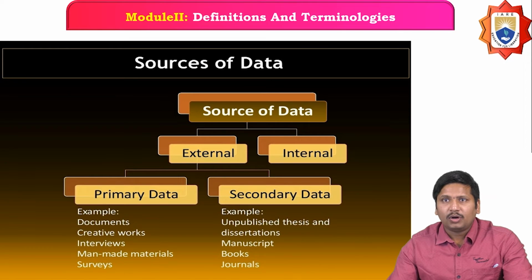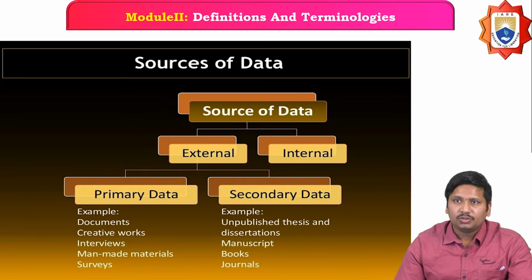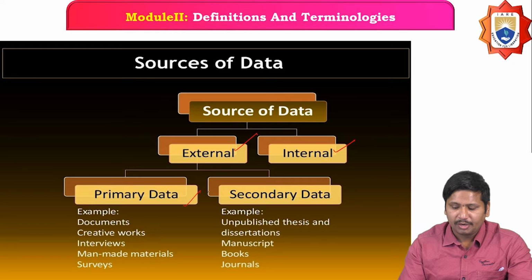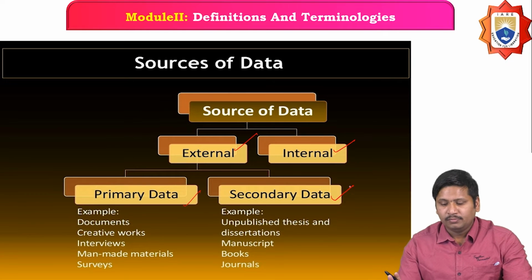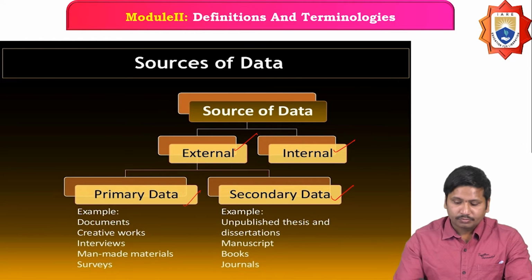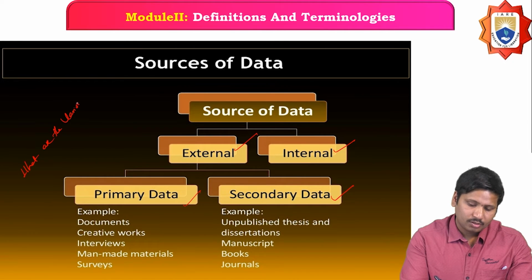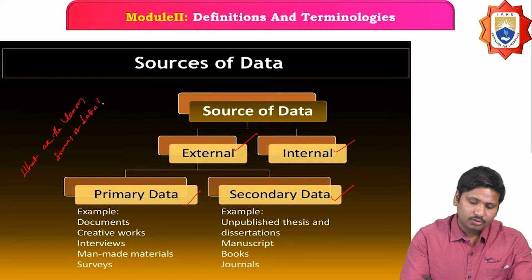And the next thing is, what are the various sources of the data is the question. So the sources of the data are classified into types like external source and internal source. Again, this external source will be divided into primary data and secondary data. So what are the various sources of data is the question here.